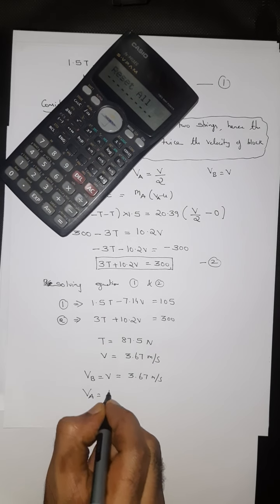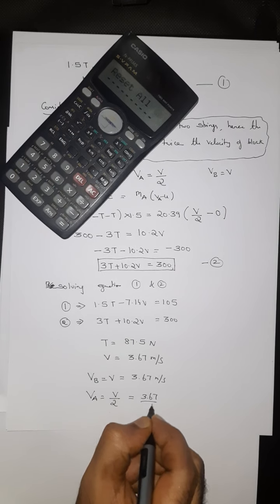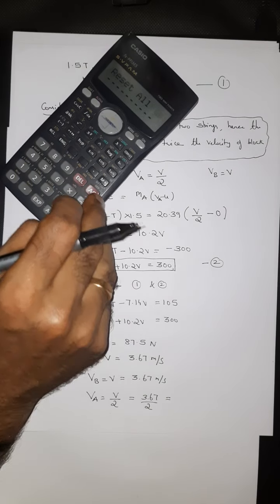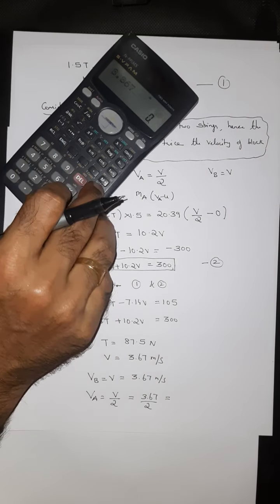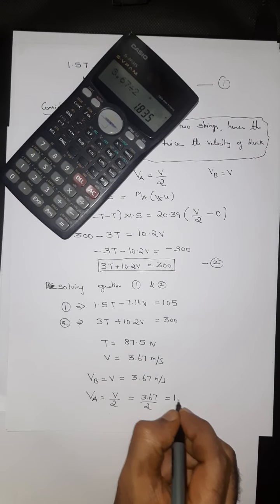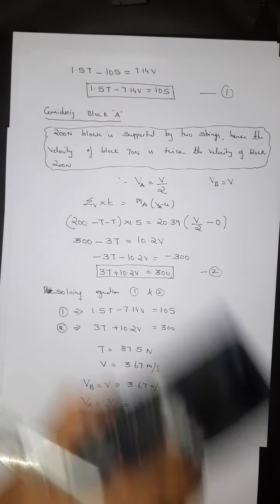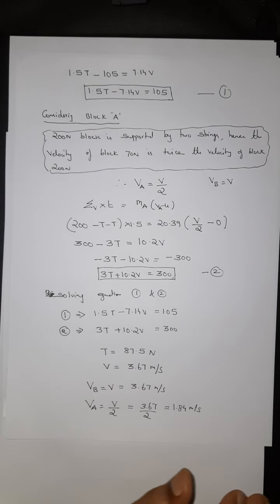VA equal to V by 2, which is equal to 3.67 divided by 2, 1.84 meter per second. Clear? Thank you.